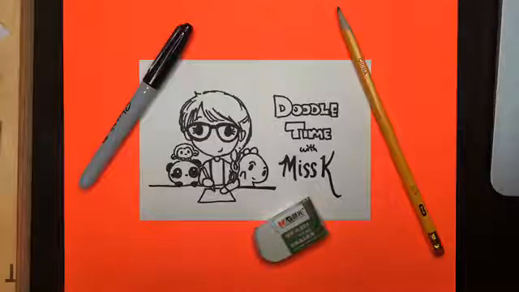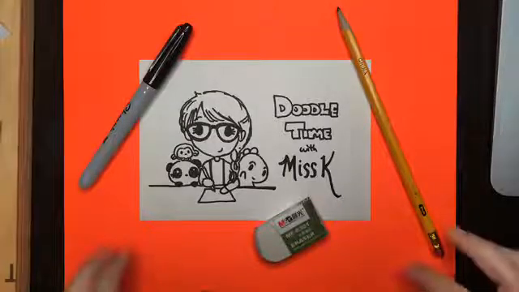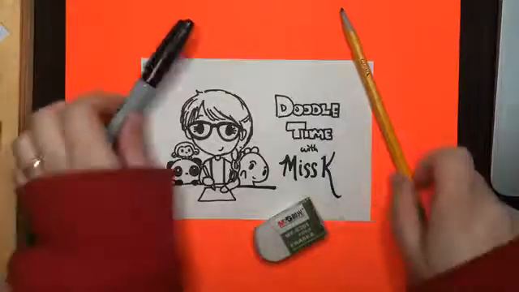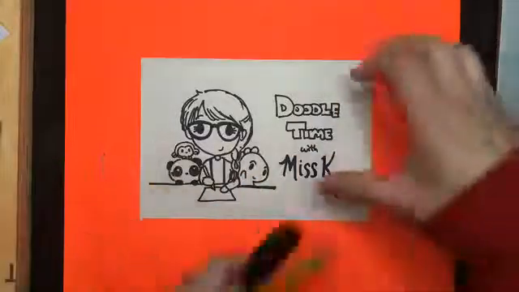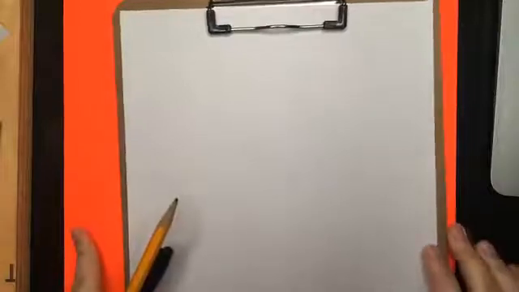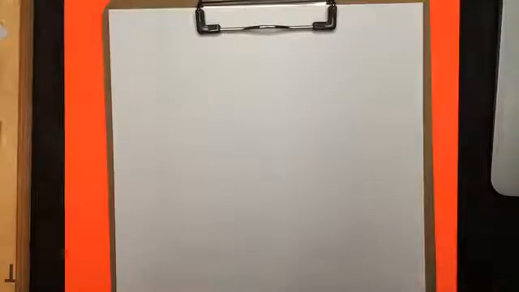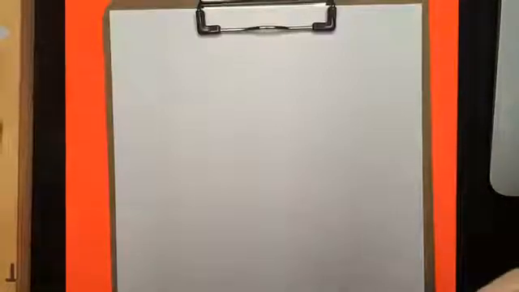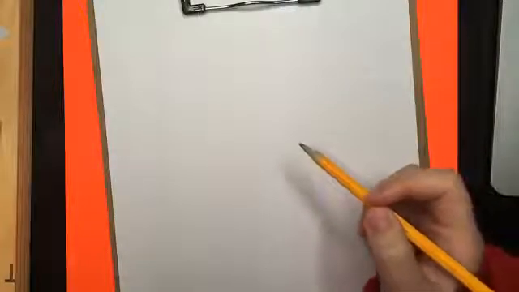So, for today's warm-up, I thought we would do this quick little exercise. I'm sure you've done it before, but it's always fun. So here's my paper. I don't know the technical name for it or if it has a name, but basically you're turning quick squiggles into doodles.